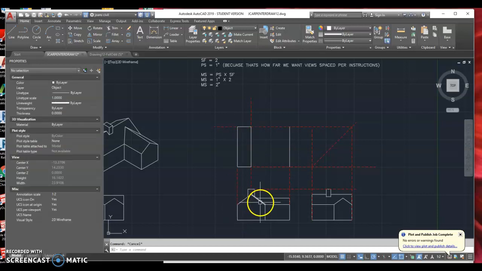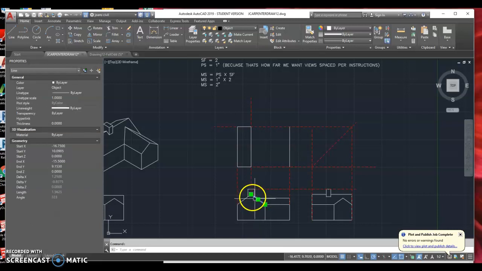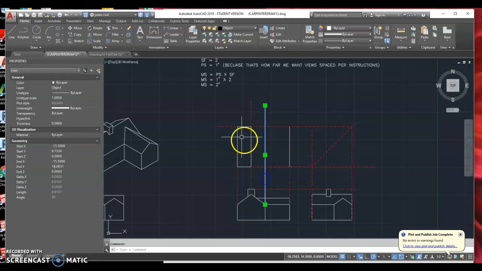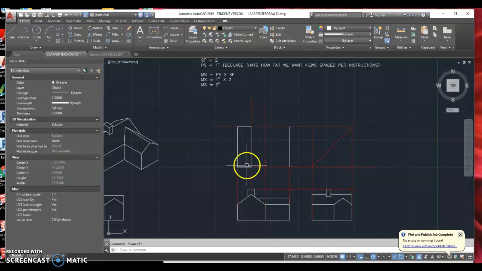So let's do the same on this. We have this panel, this part of the roof coming up to here, and I'm going to make sure that's on its correct layer, hidden. And again, I'm looking at the total length of the building.